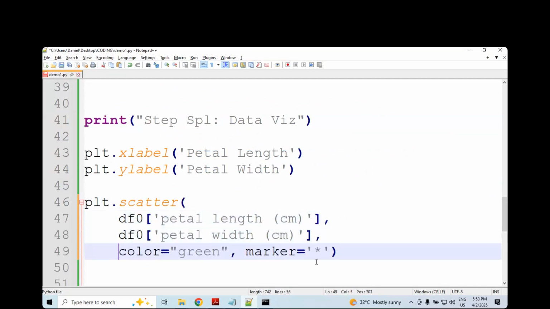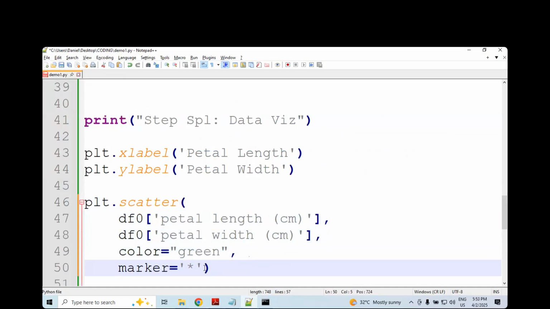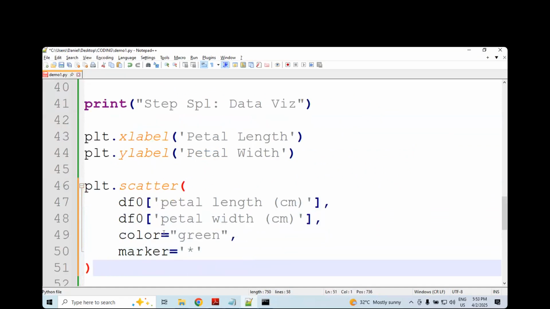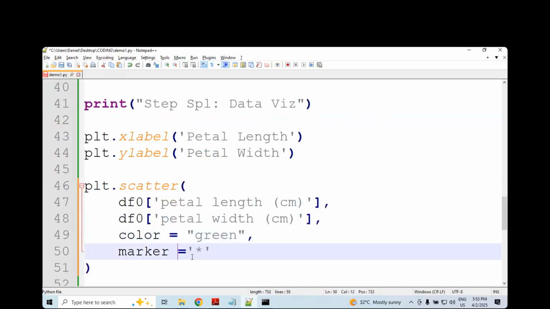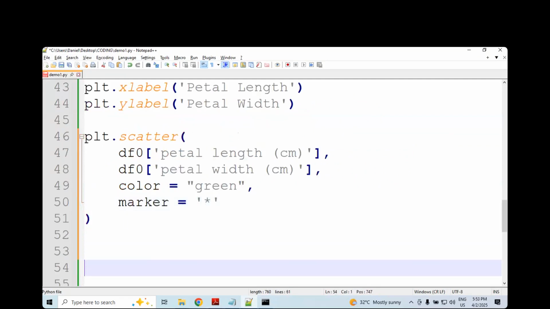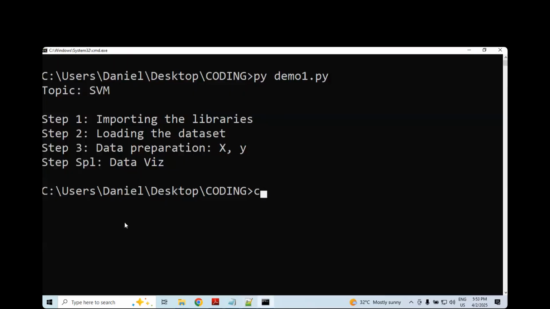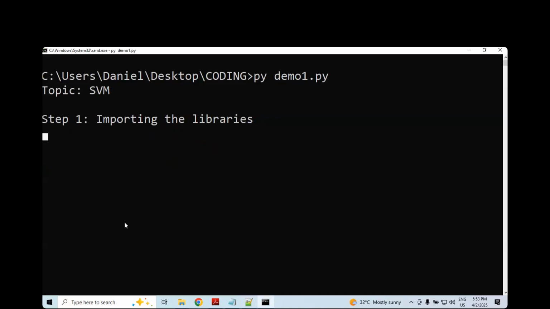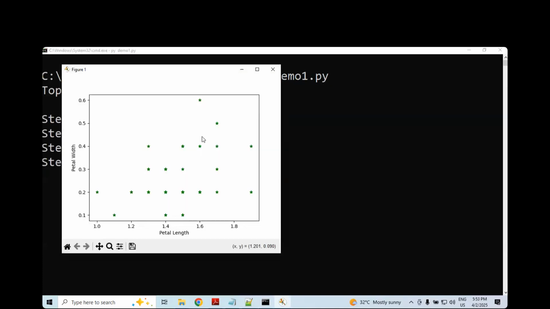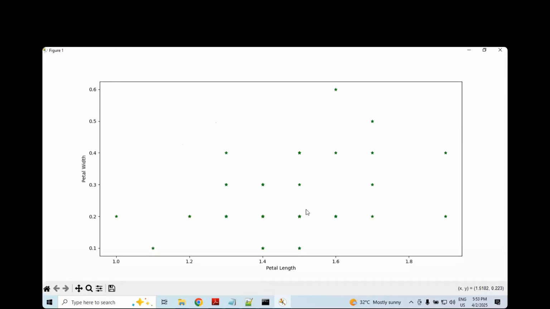Sometimes data visualization literally helps you. plt.show. Good. Make a note on this: these are the data, petal length and petal width, that I'm taking.